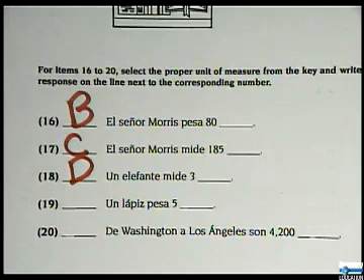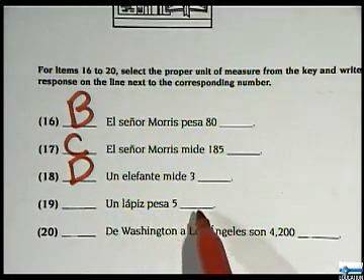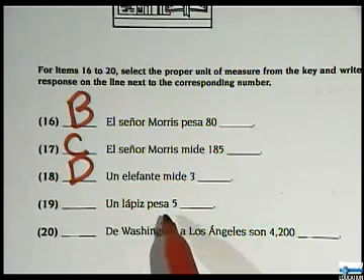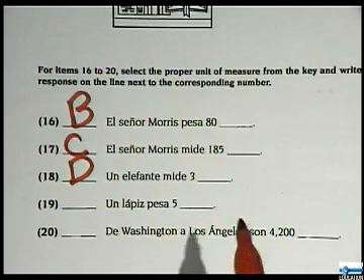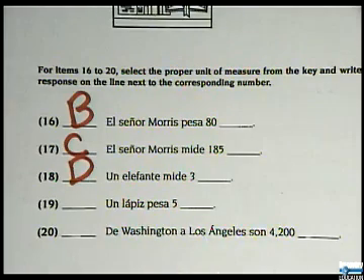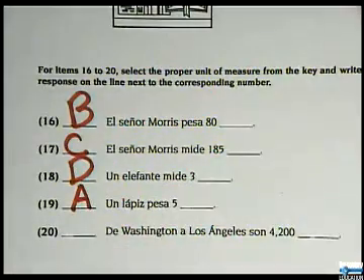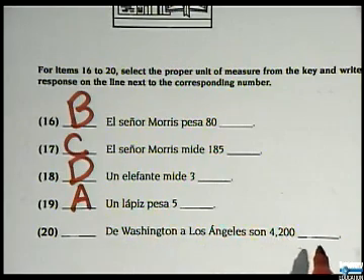Number 19. Un lápiz pesa 5. Okay. A lápiz, a pencil, weighs 5 what? Is it going to be grams or kilograms? Well, 5 kilograms would be too heavy, and we've used that answer anyway. So it's going to be gramos, letter A. And finally, de Washington a Los Angeles son 4,200.